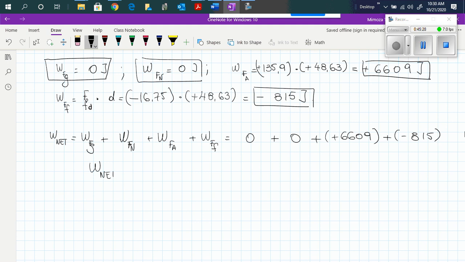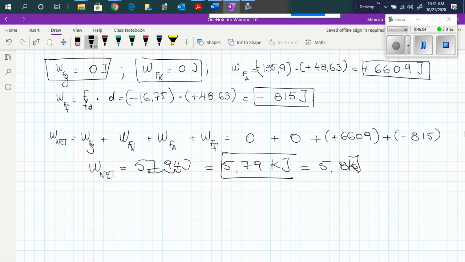So work net is 6609 minus 815, which is 5794 joules, or you can say 5.79 kilojoules, or if it is to 2 sig digs, then 5.8 kilojoules. Depends what they are asking you for.